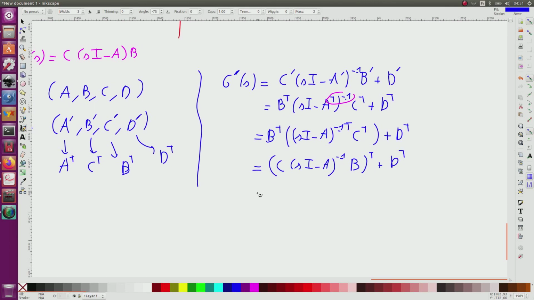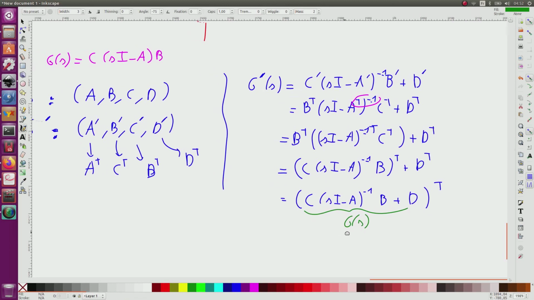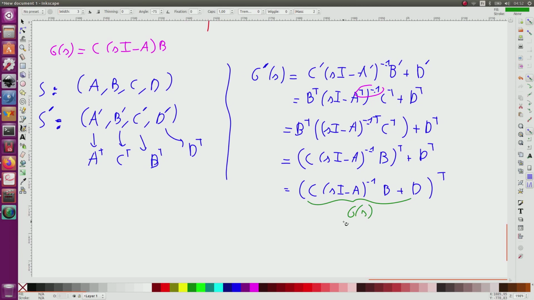So now I will have only one single transpose by saying that C (sI minus A) inverse B plus D, and only a single transpose. Now, this corresponds to G of S, where G is the transfer matrix associated to S. So I have G prime of s is equal to G of s transpose. That's what I have proved here.